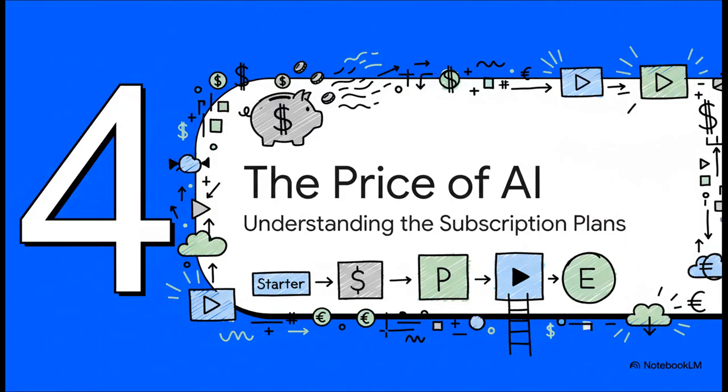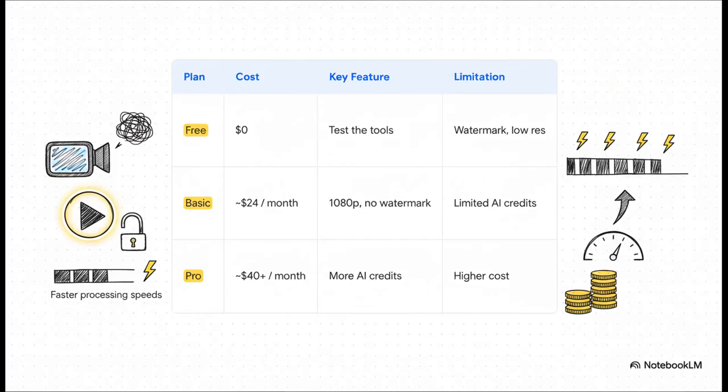Of course, AI tools this powerful almost always come with a price tag. So the big question on everyone's mind is probably, how much does this thing cost? Let's take a quick look at their subscription plans. So Clipfly runs on a classic freemium model. The free plan is awesome for just testing everything out, but, and this is a big but, your final videos will be low-res and have a watermark on them. For any kind of serious use, you're going to want the basic plan.